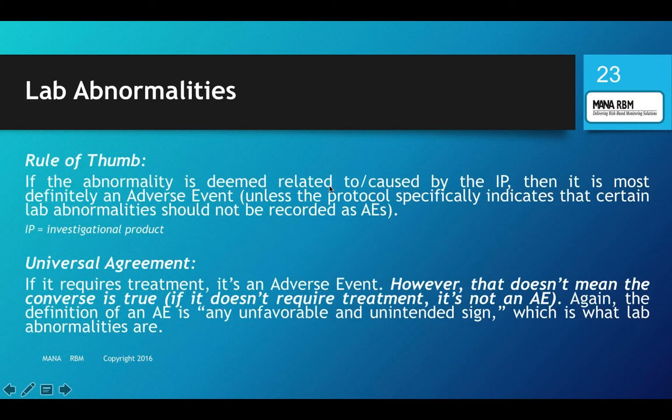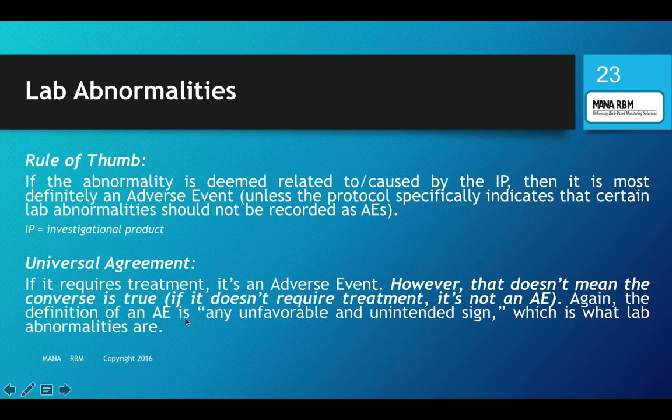So the rule of thumb should be that if the abnormality is deemed related to or caused by the investigational product, then it is most definitely an AE. So no question about that. But you can't say the converse. It doesn't mean that the converse is true. So if it doesn't require treatment, it's not an AE. That's not right.